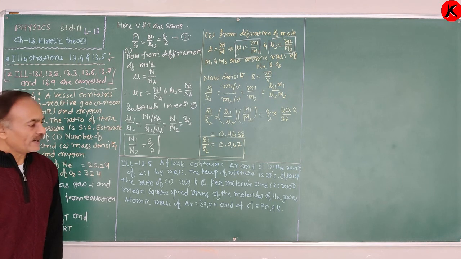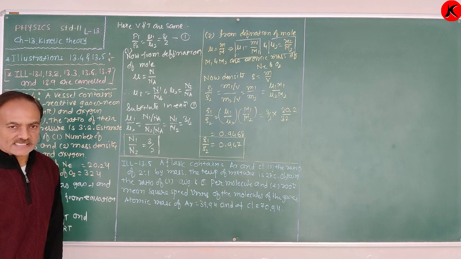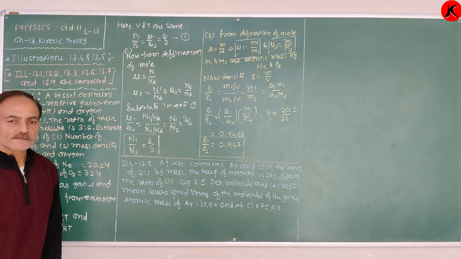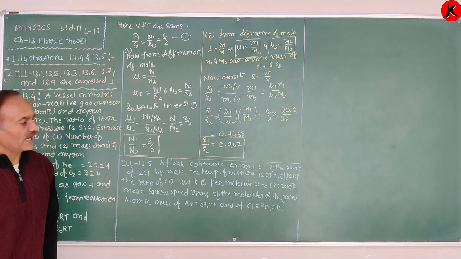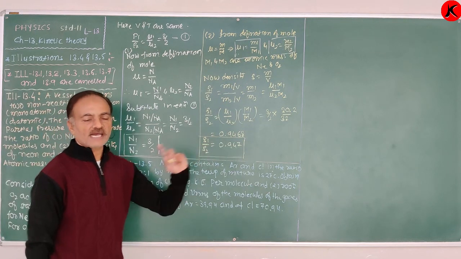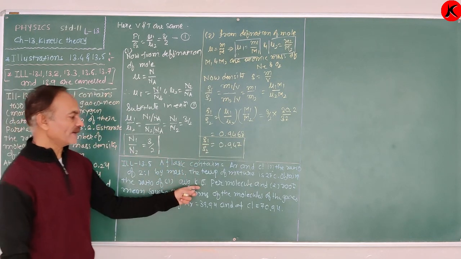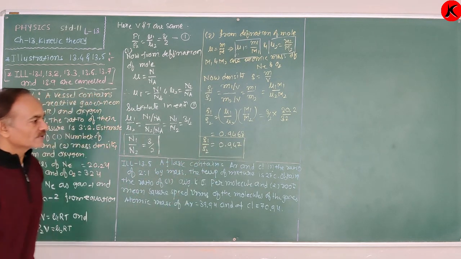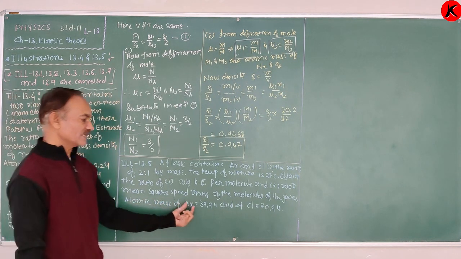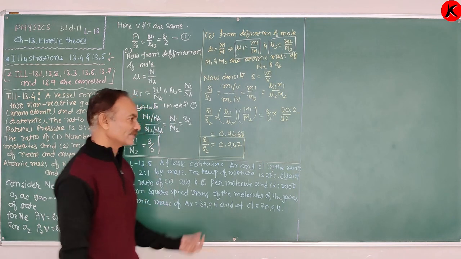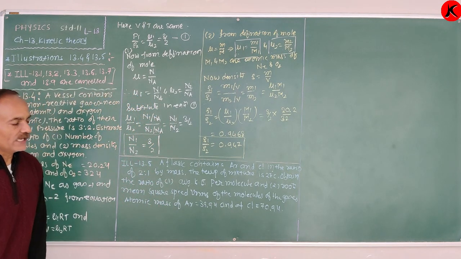That means we have to find the ratio of the v_rms of argon to the v_rms of chlorine, and the kinetic energy of argon to the kinetic energy of chlorine. The atomic mass of argon is given as 39.9 atomic mass units, and chlorine is 70.9.